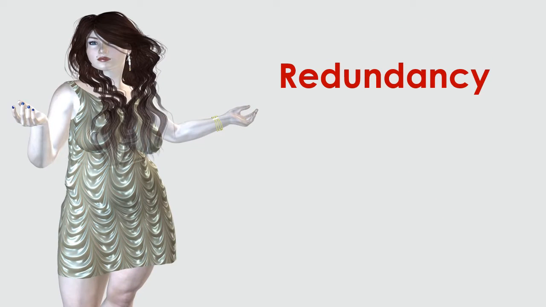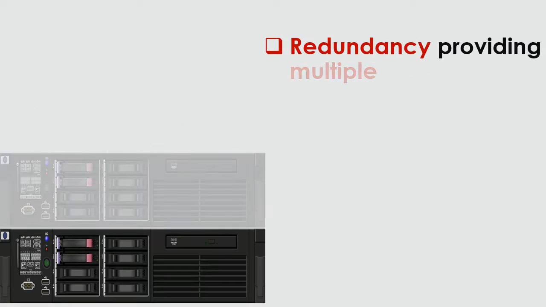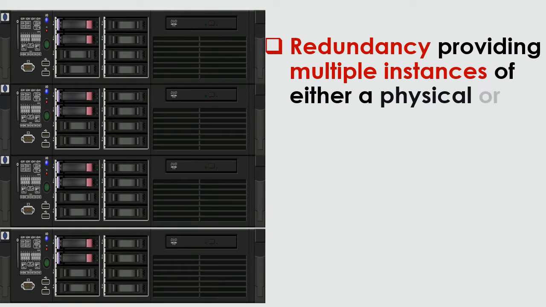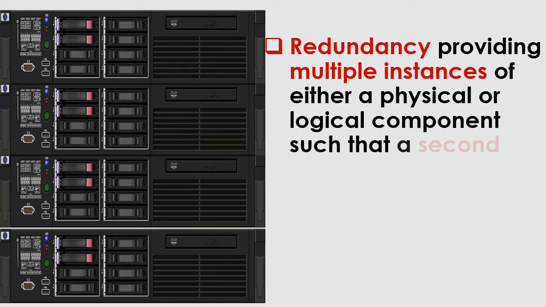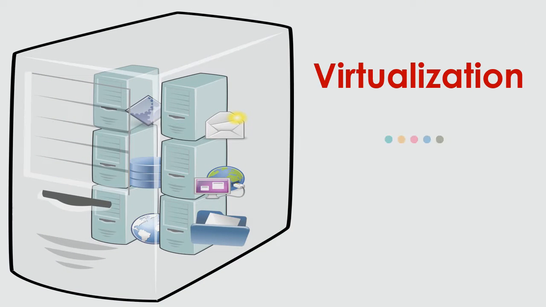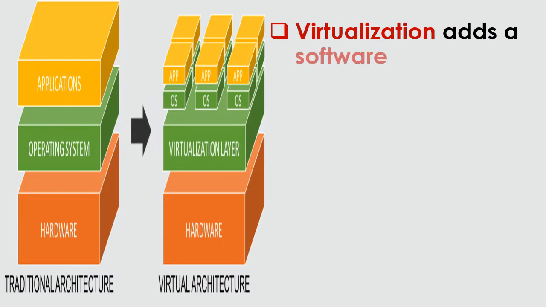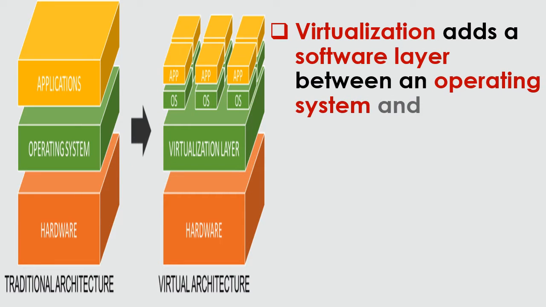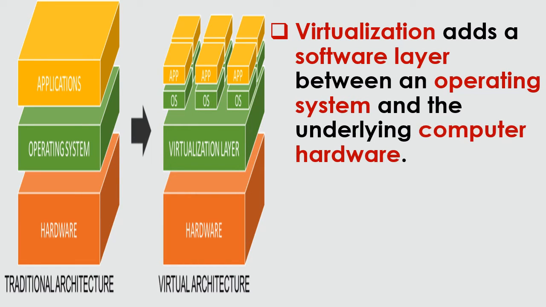Redundancy. Redundancy, providing multiple instances of either a physical or logical component such that a second component is available if the first fails. Virtualization. Virtualization adds a software layer between an operating system and the underlying computer hardware.